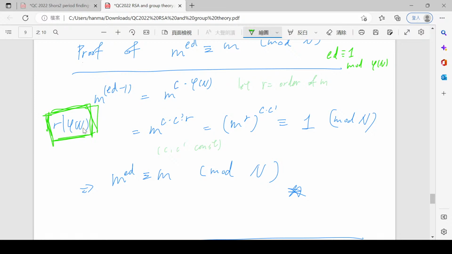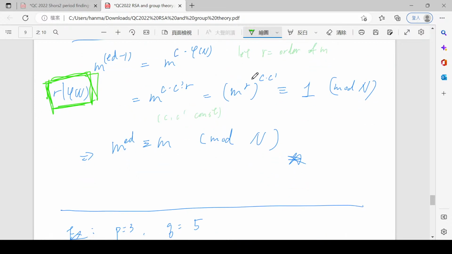this R thing. So remember, if I have m and m squared, m cubed, all the way to m to the r minus 1, this is a subgroup in this multiplication group mod n, right?